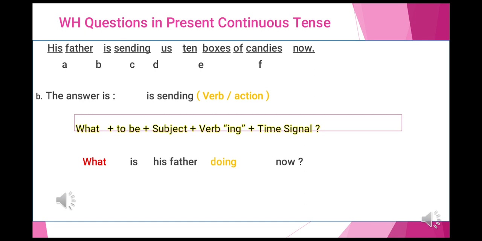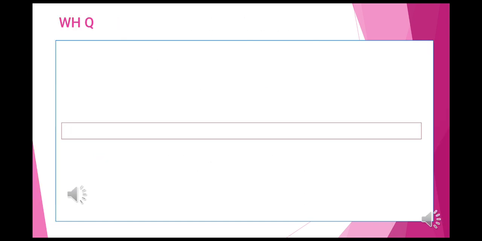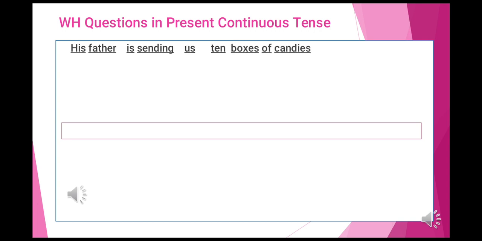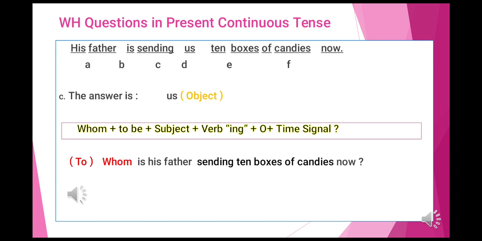We have learned about who, about what, and now I'm going to explain about the object. What is the object here? The object is us. For example, the answer is us as the object. So we use whom.